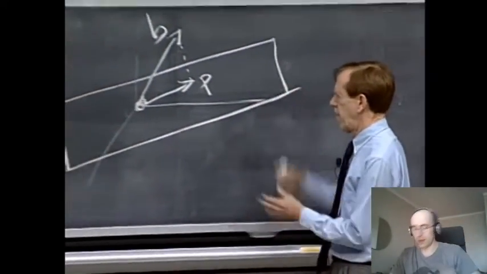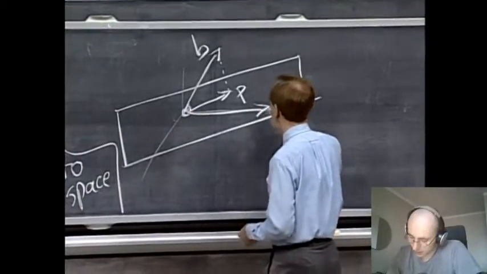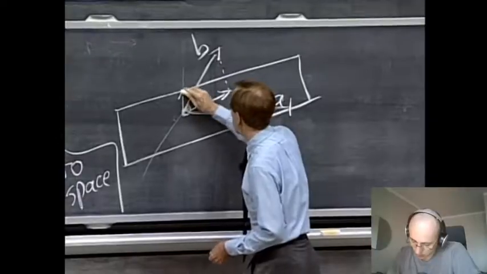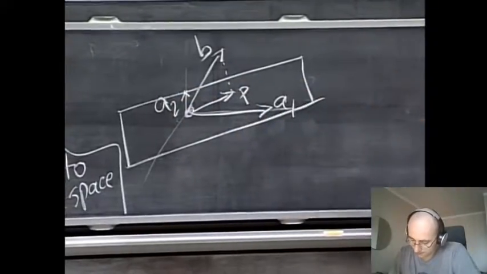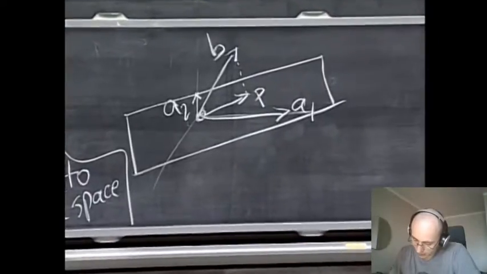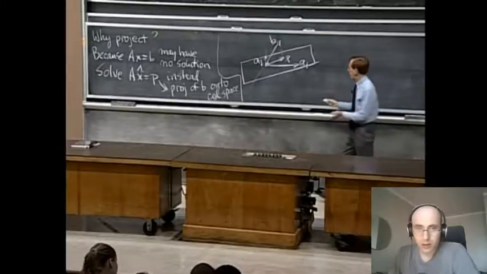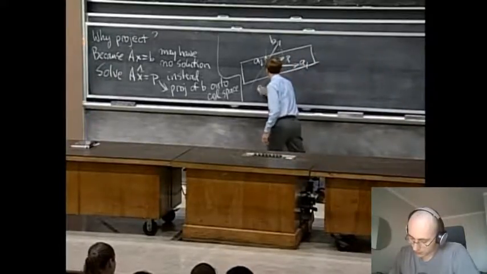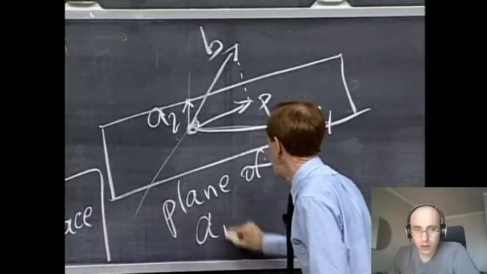So say there's an A1, and here's a vector A2. They don't have to be perpendicular, but they better be independent, because then that tells me the plane. The plane is the plane of A1 and A2.